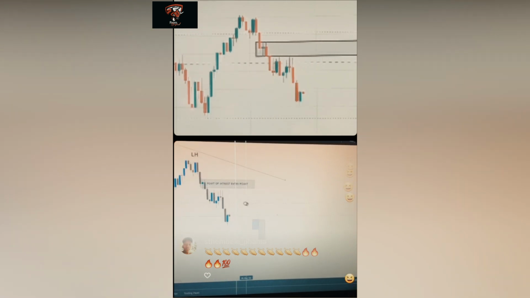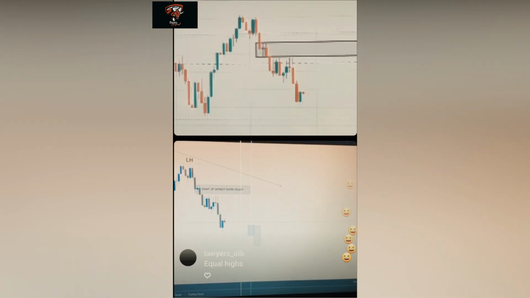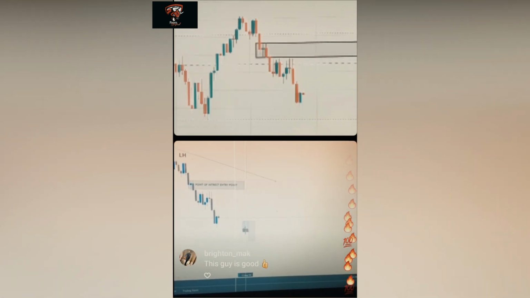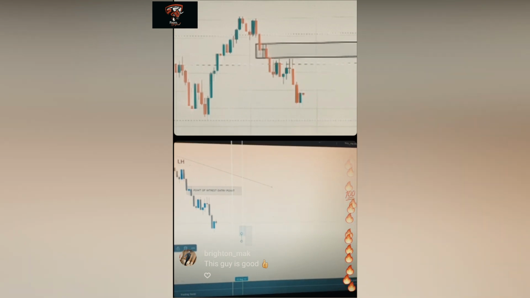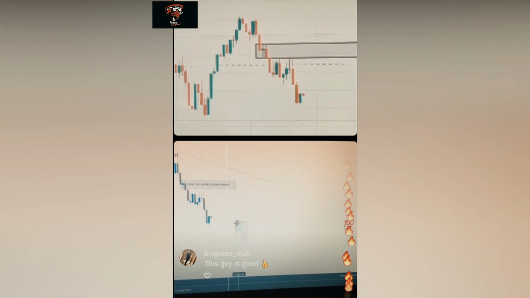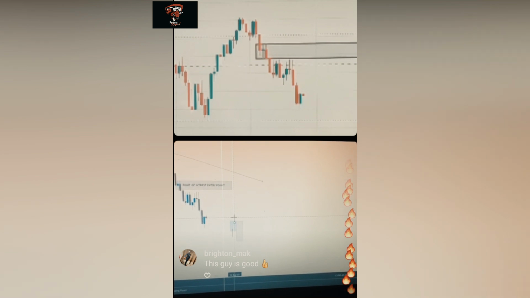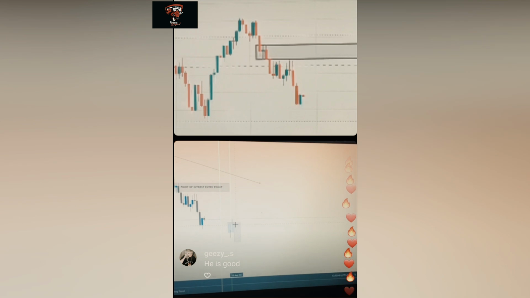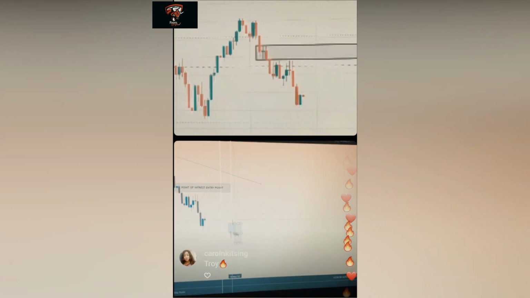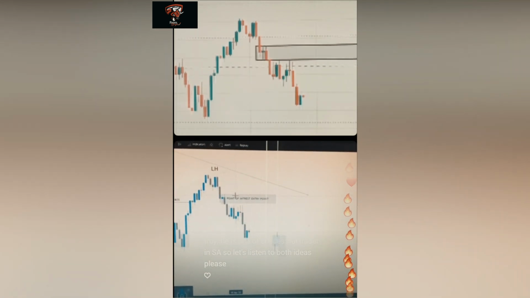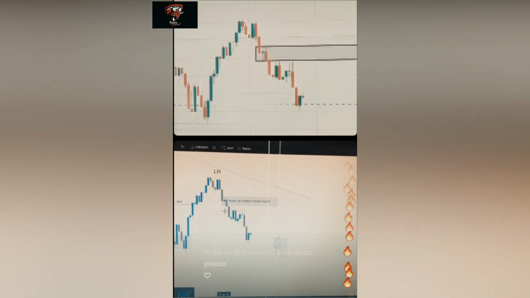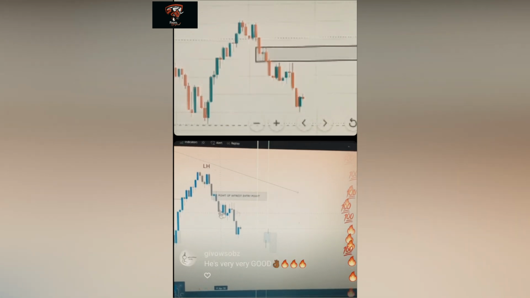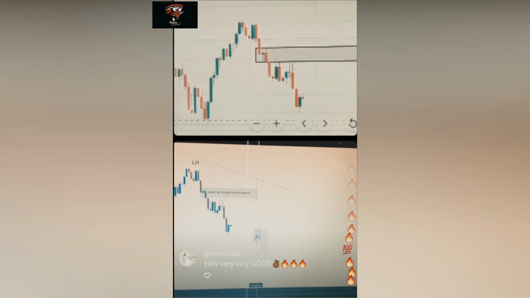So how do we identify the point of interest for people who don't know? We can understand it in different ways, but at the end of the day it's the same thing. The blue candlestick: let's say the price is going down, we have a bullish candlestick here, followed by the gray candlestick.